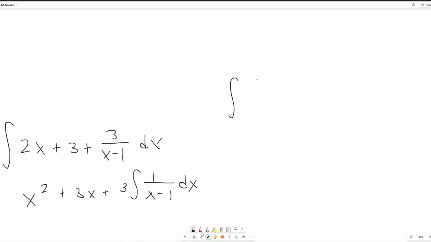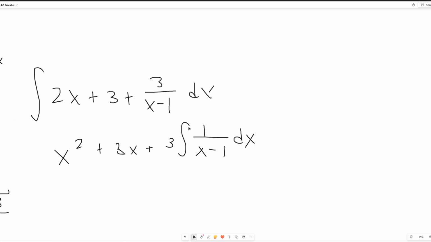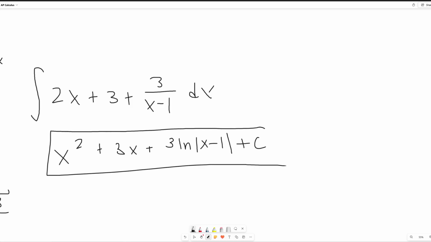If you have the integral of 1 over x plus whatever, as long as this x has no coefficient, it's just 1, this will just be ln of whatever's on the bottom. So here we have ln of x minus 1 times this 3 in the front. So it's 3 ln|x minus 1| plus C. And then this is your answer.